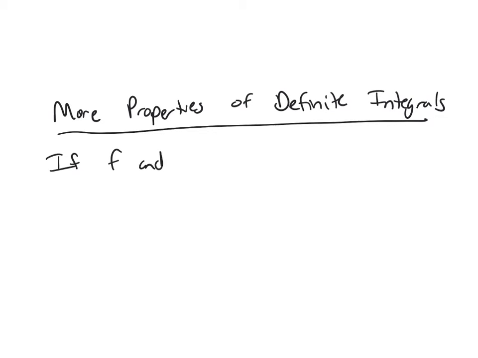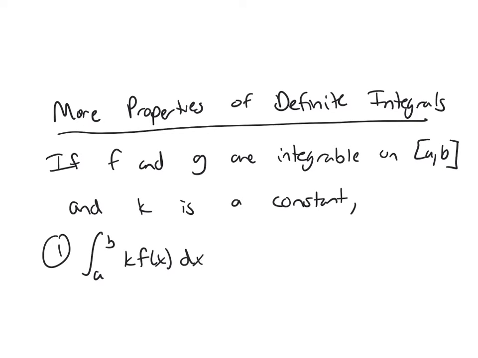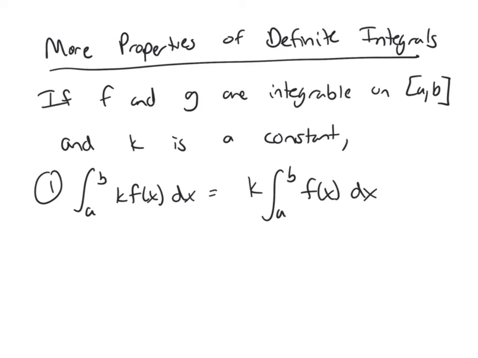If f and g are integrable on the interval a to b, and supposing that k is a constant, the integral from a to b of k times a function would be k times the integral of f. So you can essentially take scalars, coefficients, and pull them outside of a definite integral.